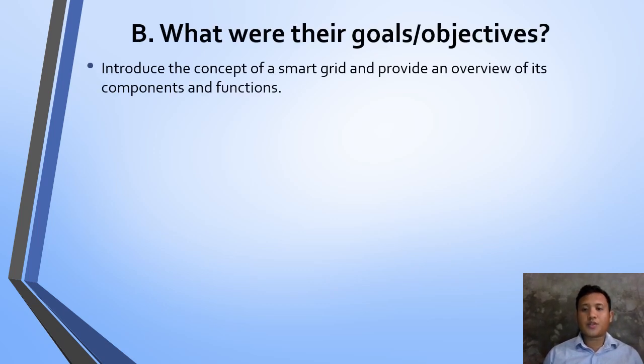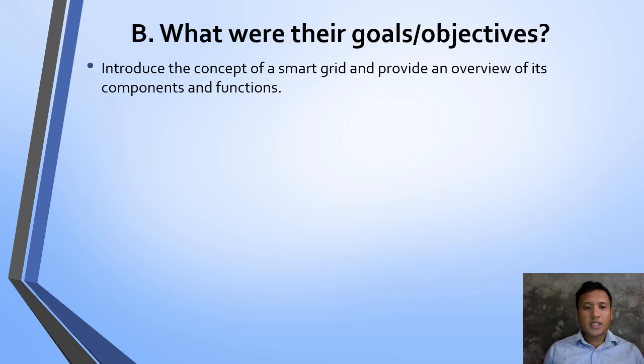What were their goals and objectives? Since this is not a primary research, but only a secondary kind of research, I have read and concluded some of their goals, and I have listed them here.